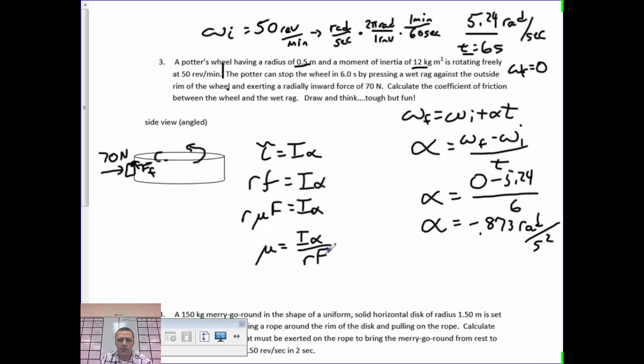And that negative isn't too important. It's not going to change the coefficient of friction, so we're just going to leave it out. We only want the magnitude here. So it's 12 times 0.873 divided by 0.5 times 70, and we're going to get a coefficient of friction of 0.299.